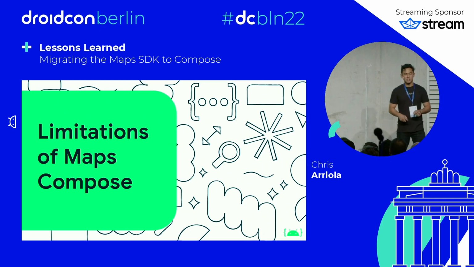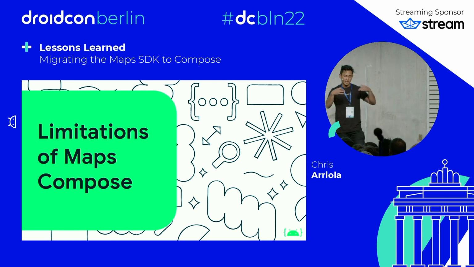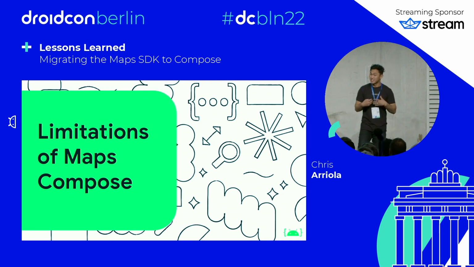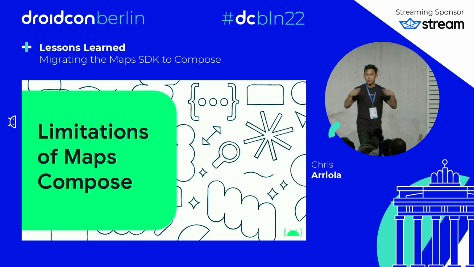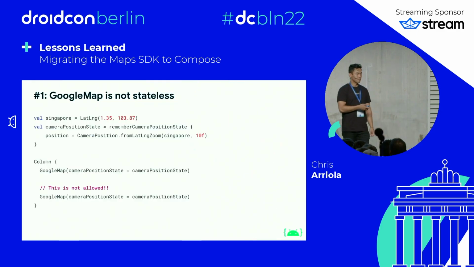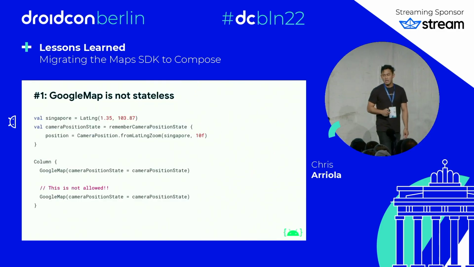Cool. So those were all the lessons. I wanted to share some limitations of Maps Compose, because at its core, Maps Compose is an interop library for a view-based library. So there were some limitations on providing a pure Compose API. The first limitation is that Google Map is not stateless.